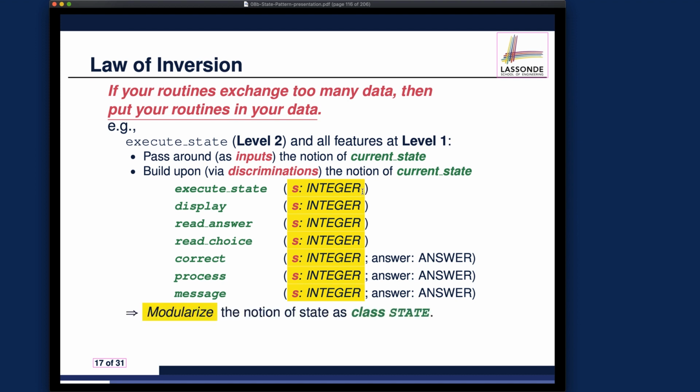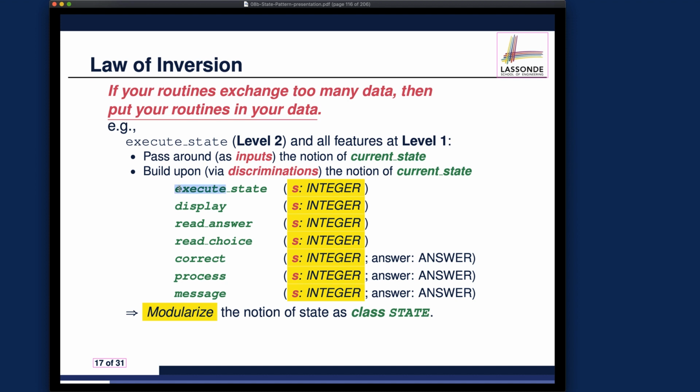So number 1, the ultimate solution will be we want to modularize the notion of states as a class STATE. Think about the state over here as the data, and then the state over here is an abstraction of the conceptual state, okay, the integer. So rather than simply an integer to represent the states, we want to use a class to represent the states.